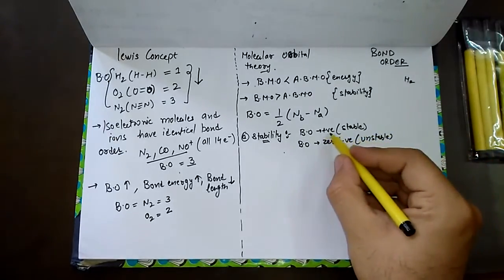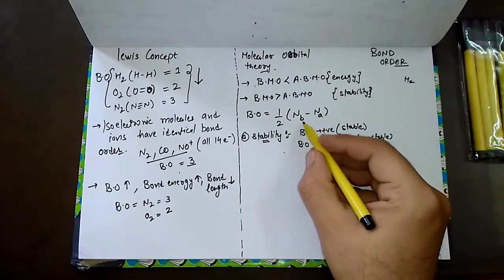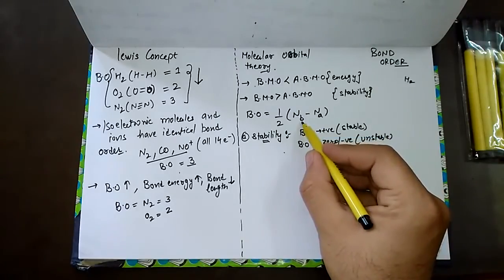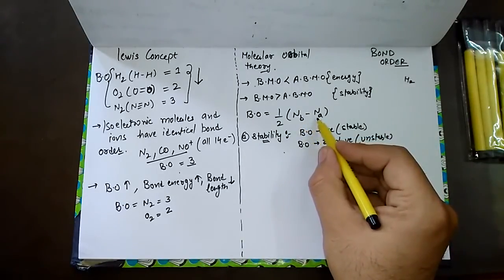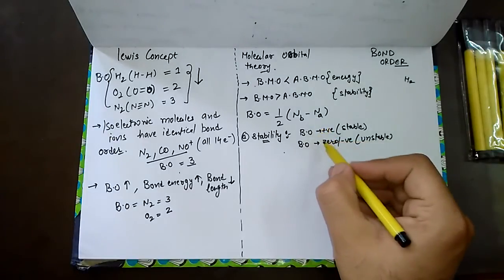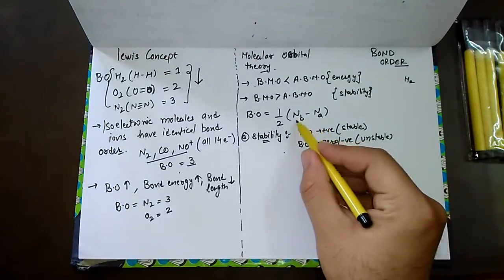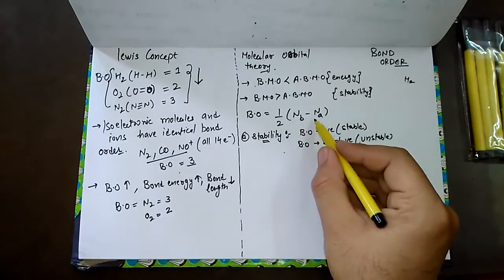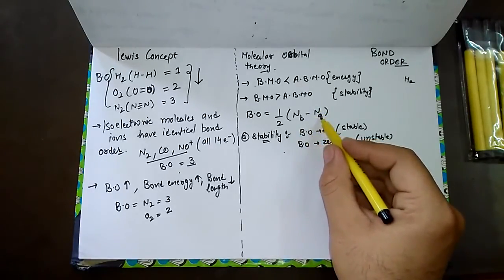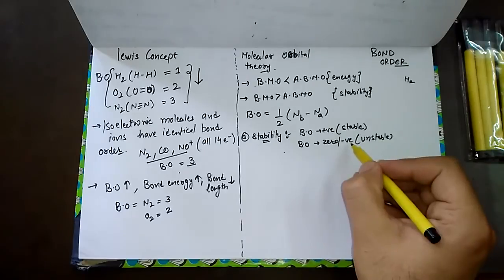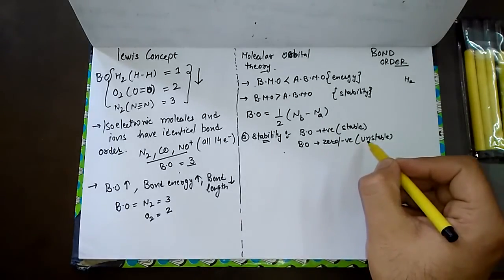The bond order is positive when the number of bonding electrons is greater than the number of anti-bonding electrons. It is zero when both numbers remain the same. If the number of anti-bonding electrons is greater than bonding, the bond order is negative, which means unstable.